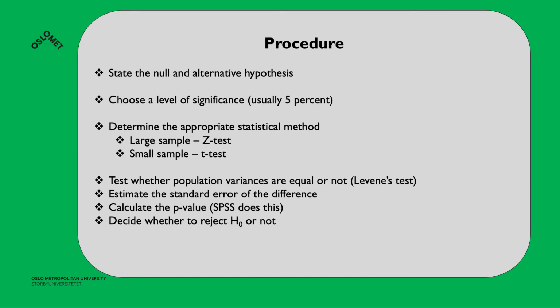That's Levene's test. I'm going to show you how to use that afterwards. And you estimate the standard error of the difference, and then you can calculate the p-value, and SPSS does this, and decide whether to reject H0 or not.